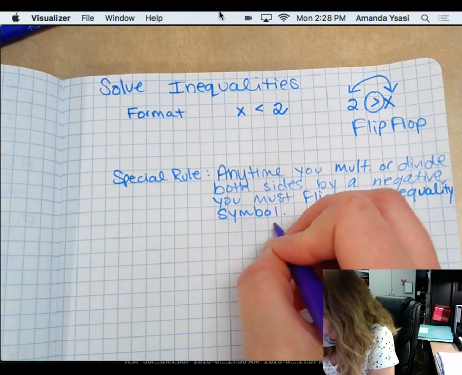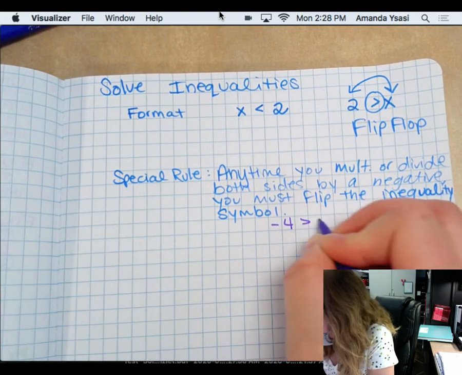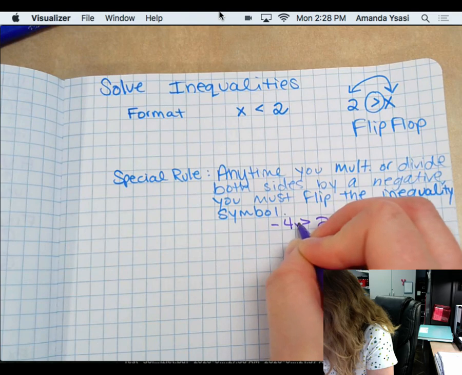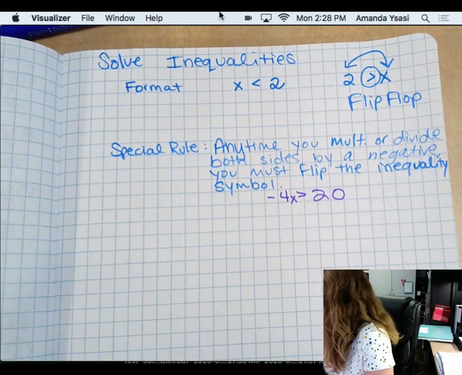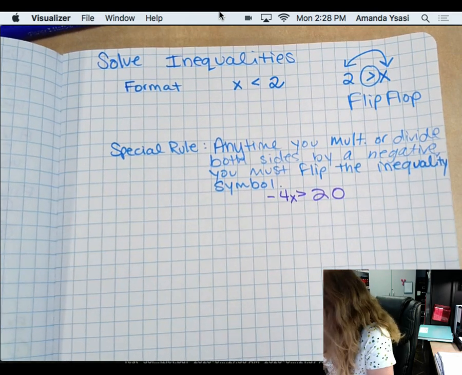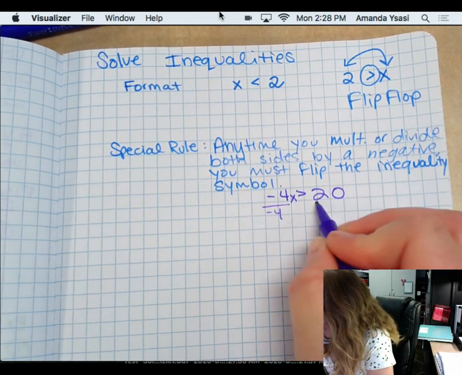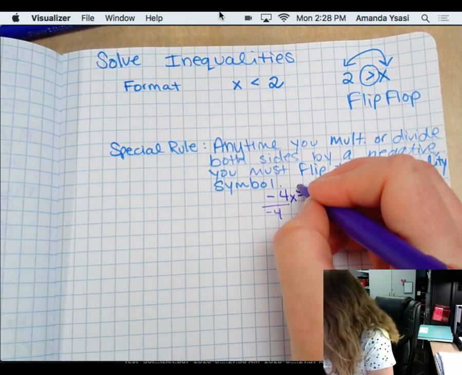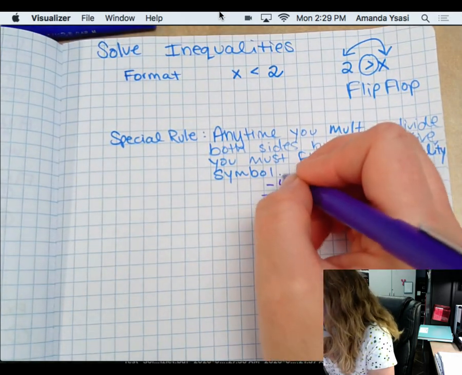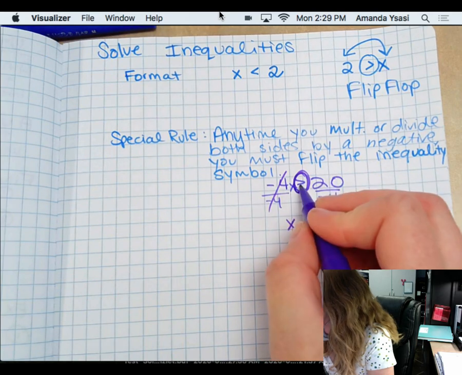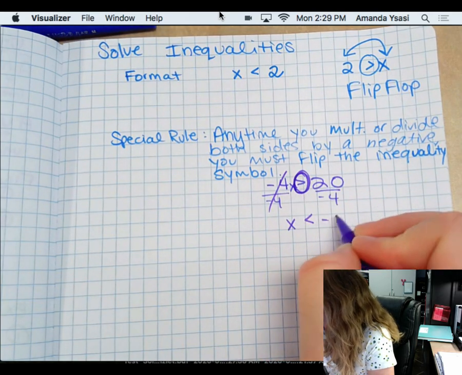So that would be like if we have negative 4x is greater than 20. This is our last step in order to solve it. You would divide by a negative 4. Anytime I do that, I try to help myself remember by circling the inequality. And that way I have x is, instead of greater than, it's now less than negative 5.